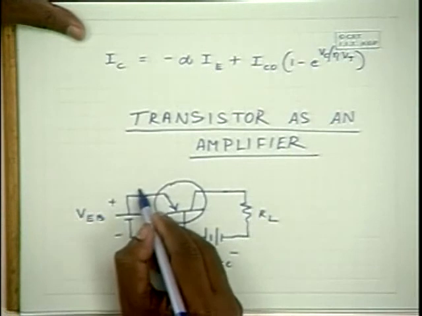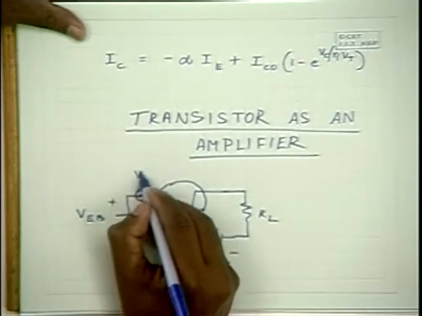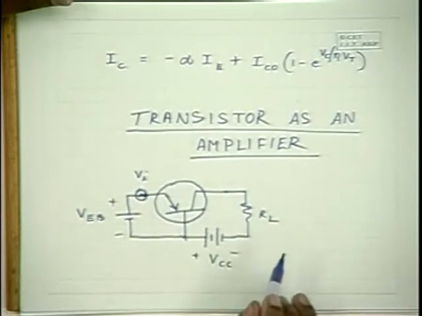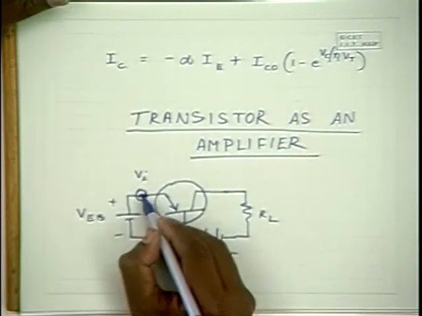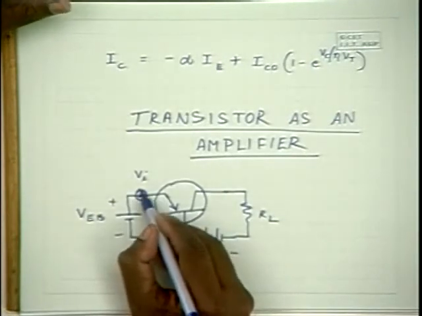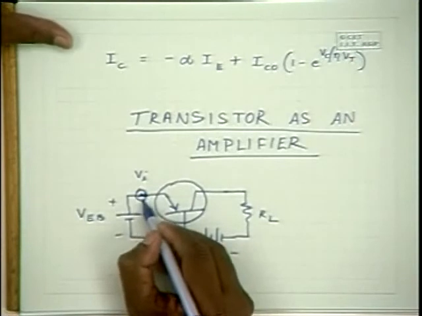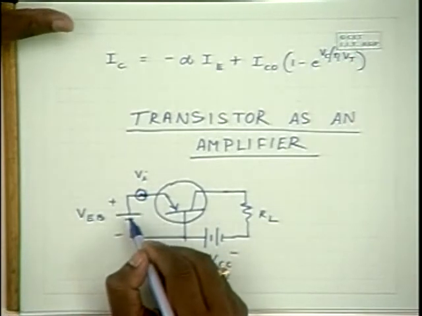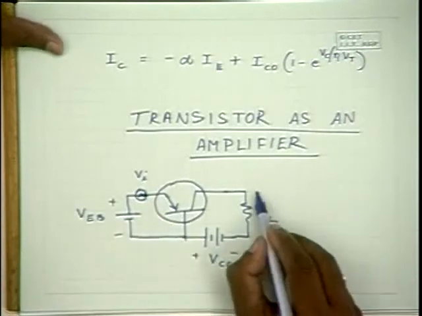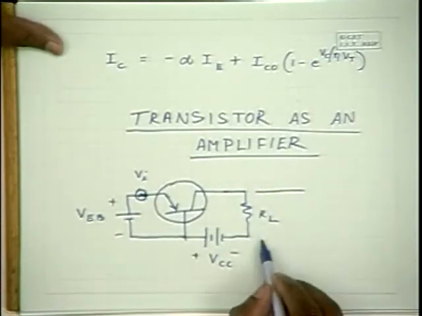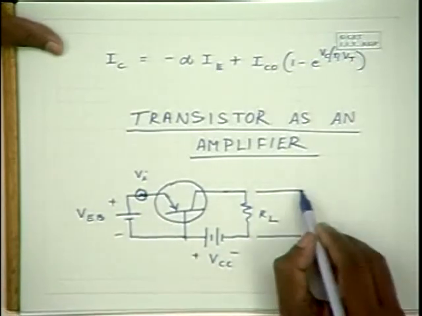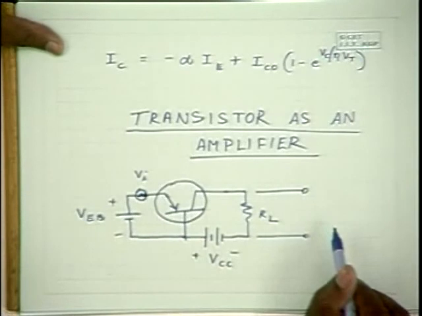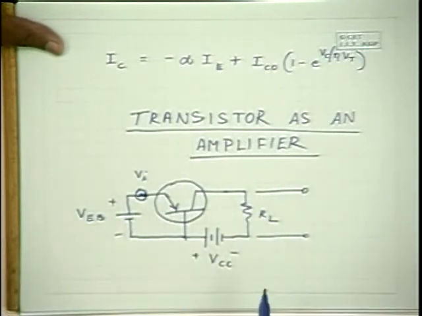Now if you apply a small alternating signal over here in series with this bias, after biasing the transistor like this, and tap the voltage across the load resistance, we find that this is an amplified version of this voltage.